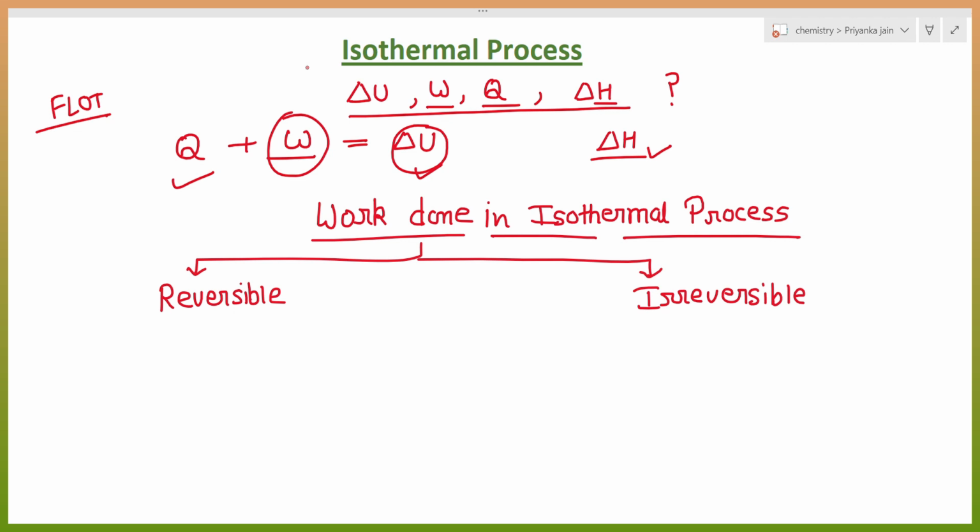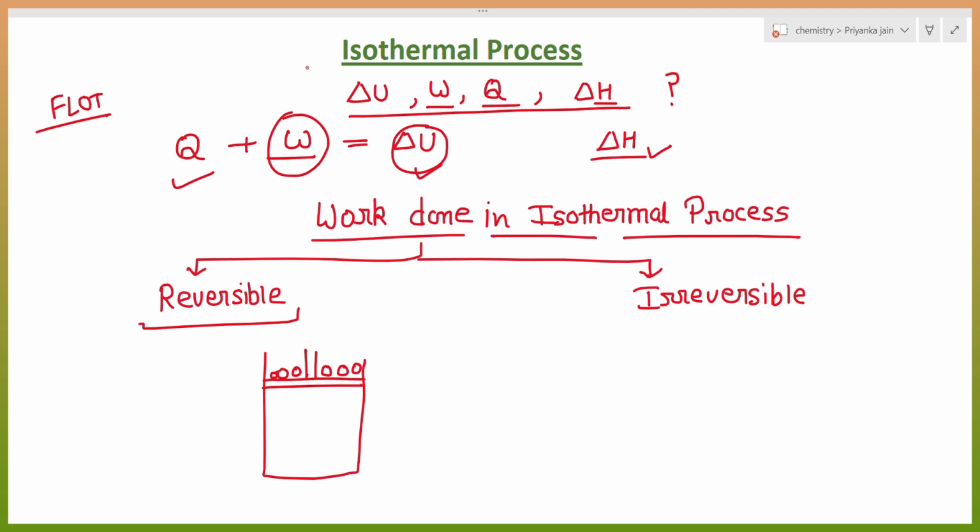See here, reversible process means suppose we take a cylinder like this as our system, and this is the piston. If we are doing the process in such a way that it goes in infinitesimal steps, suppose here we have put on pressure and we want to reduce it, then we do it by a little amount.